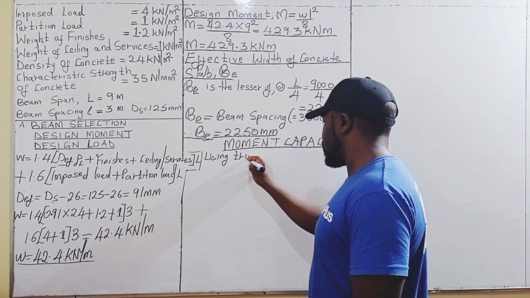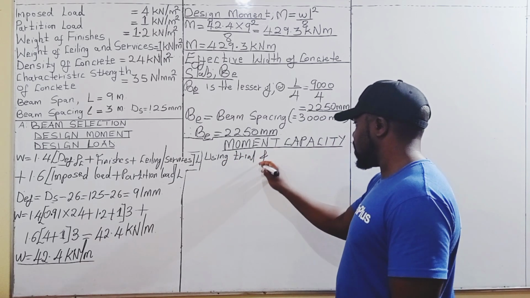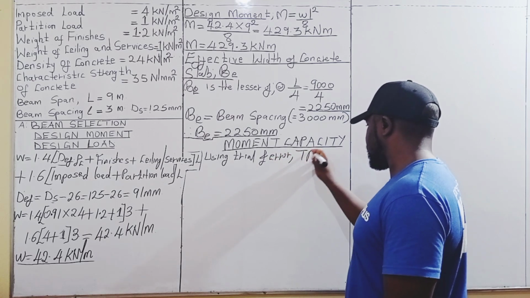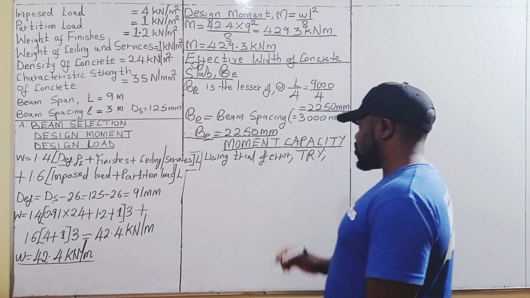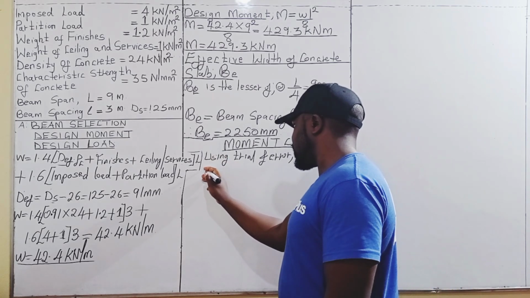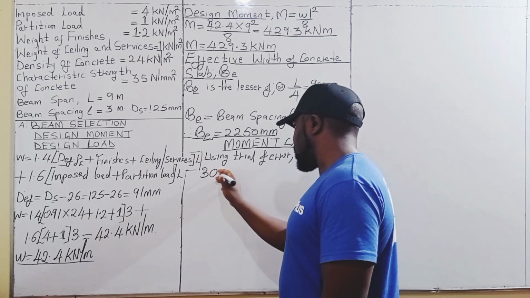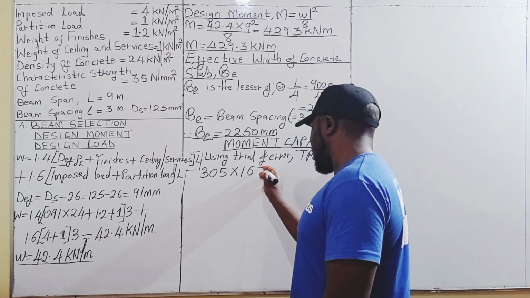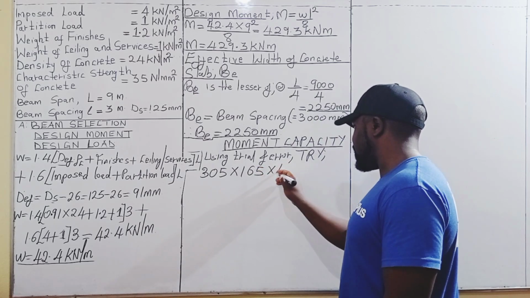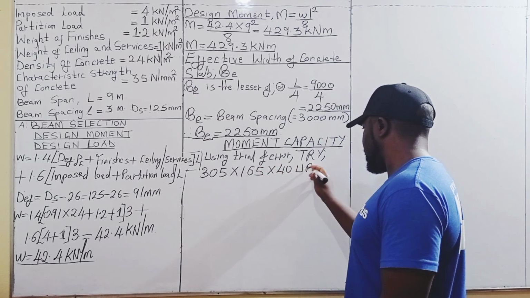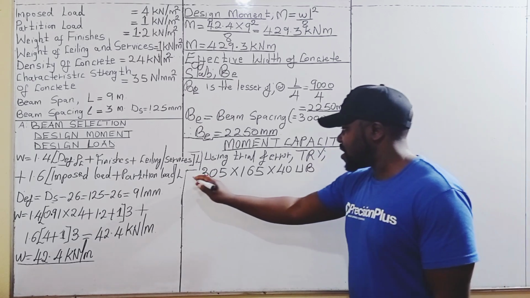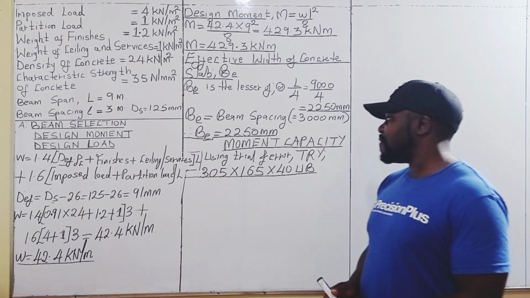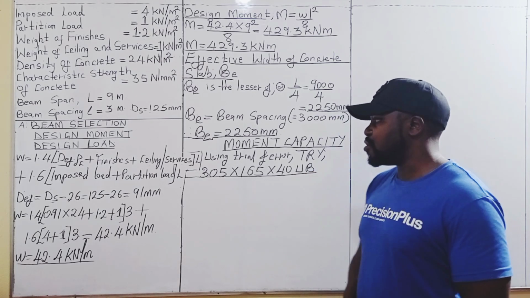So we are going to try a UB section of serial size 305 by 165 by 40 universal beam steel section. This is the section that we are going to try and see whether it will be suitable for the tests that we are going to subject it to.